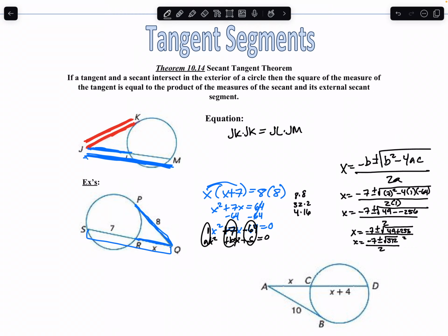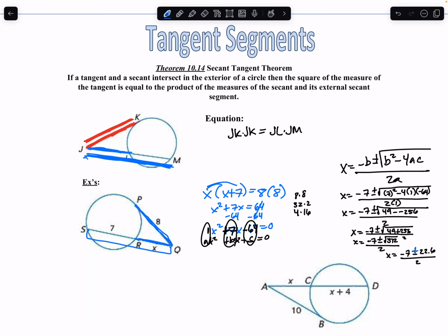Now we're looking for a length, so I don't really want to leave it in radical form, so I'm just going to put that in the calculator. The square root of 512 is 22.6. So I know I have x equals -7 plus or minus 22.6, divided by 2. And then I have two versions of it. I have the plus: -7 plus 22.6. Right? I split this into two parts.